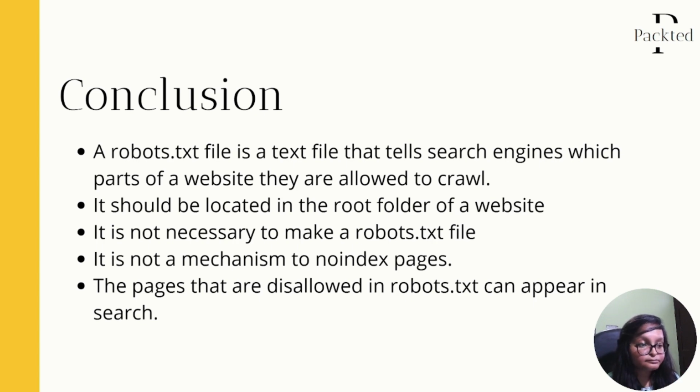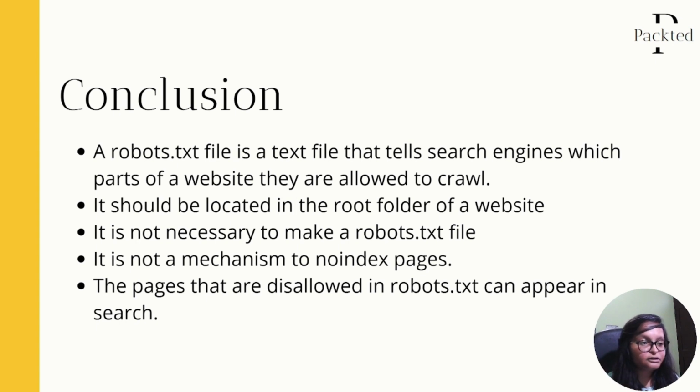And it is not a mechanism to noindex your pages, because if you have included pages in your robots.txt, they can still get indexed, and it will not have any meta description. So the meta description will say no information available for this page. If you are seeing this, then this means that this page is blocked in the robots.txt, but it is still appearing in search, because you cannot control whether or not a page will be indexed.